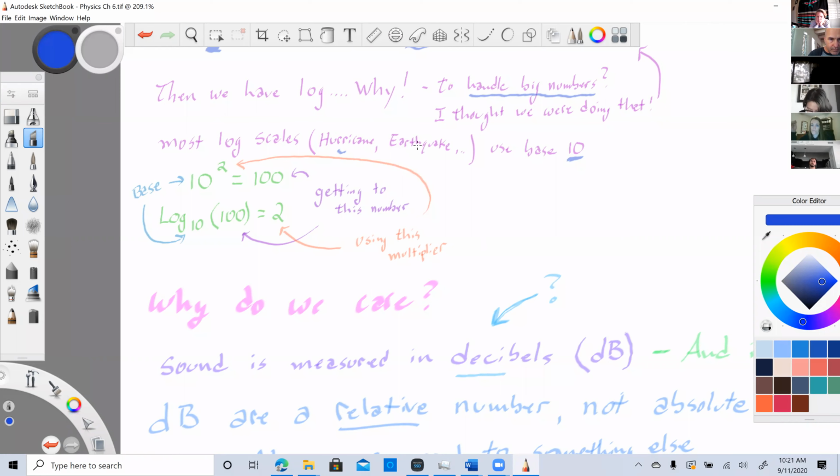So up here, let's use yellow. This 10 to the second, that's an exponent. 10 to the second, 10 times 10 is 100. That's an exponent. In log, it gets a little different. I drew arrows to bring everything around.